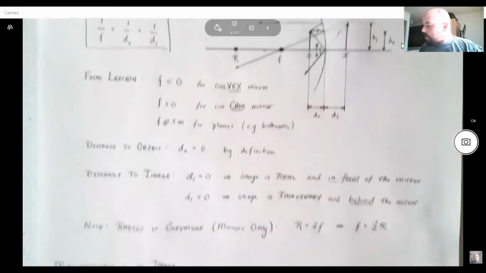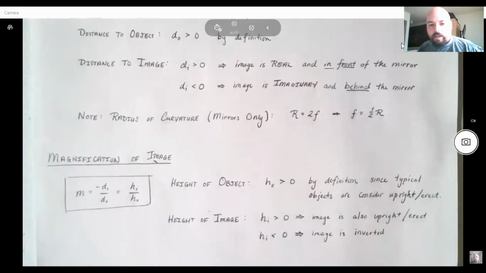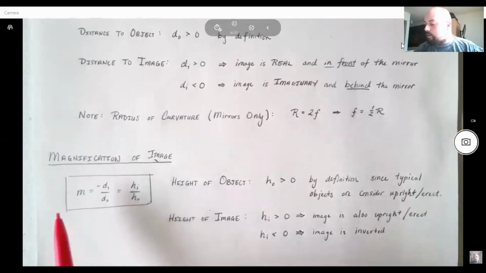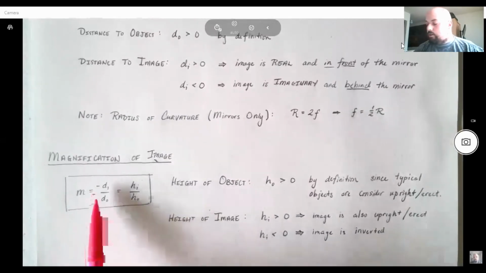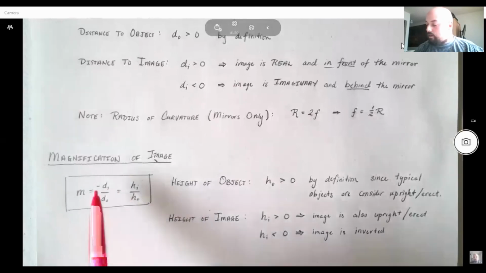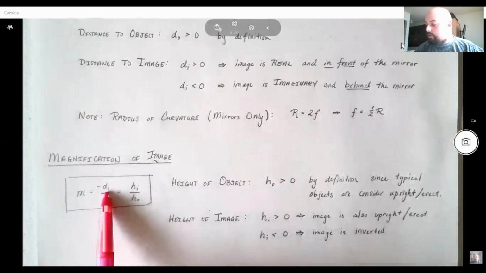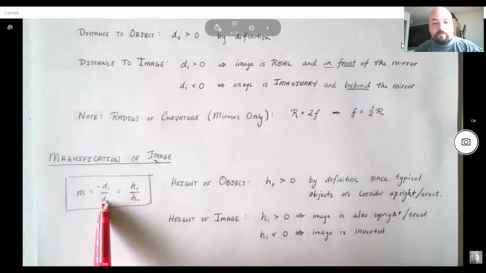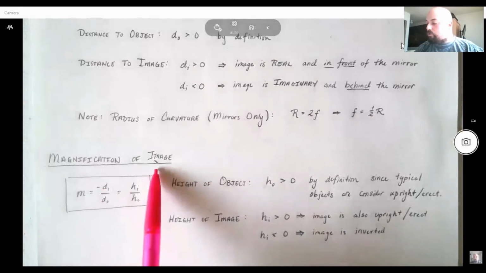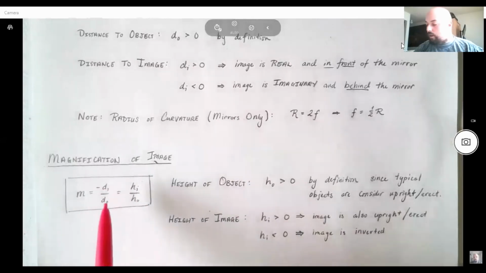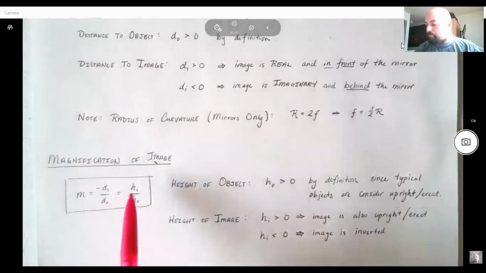All right, so moving on with the magnification. The magnification is given as this equation here. Note that there is a minus sign when we use the magnification in relation to the distance to the image over the distance to the object. This again will be true for both lenses and mirrors.